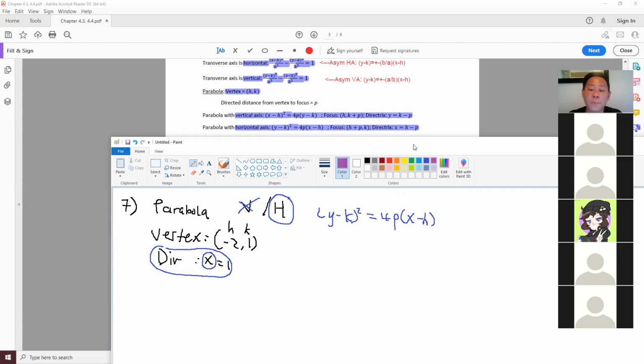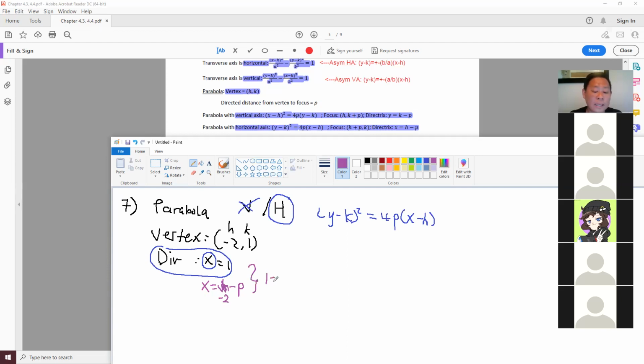And how do we figure out p? Again, we use our directrix. The formula to find directrix here is h minus p. And we know h in this case is -2 from your vertex. So these two are equal.